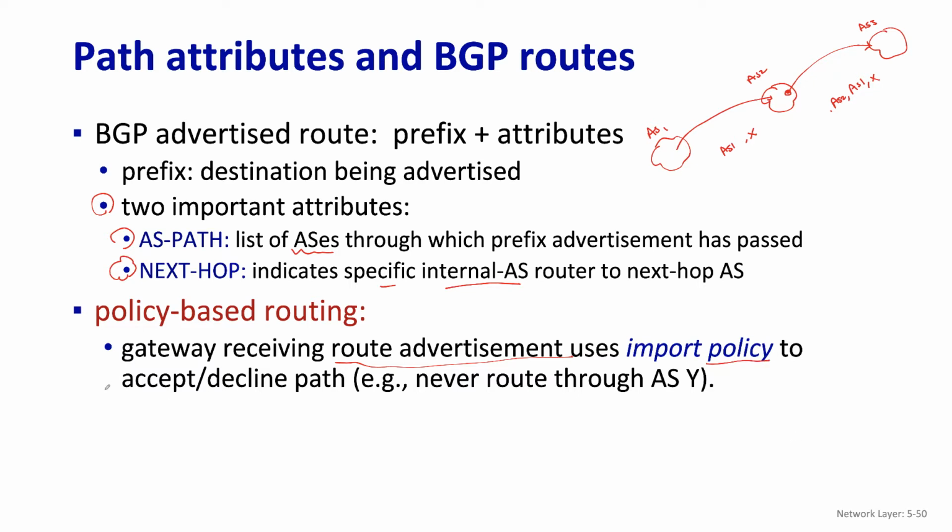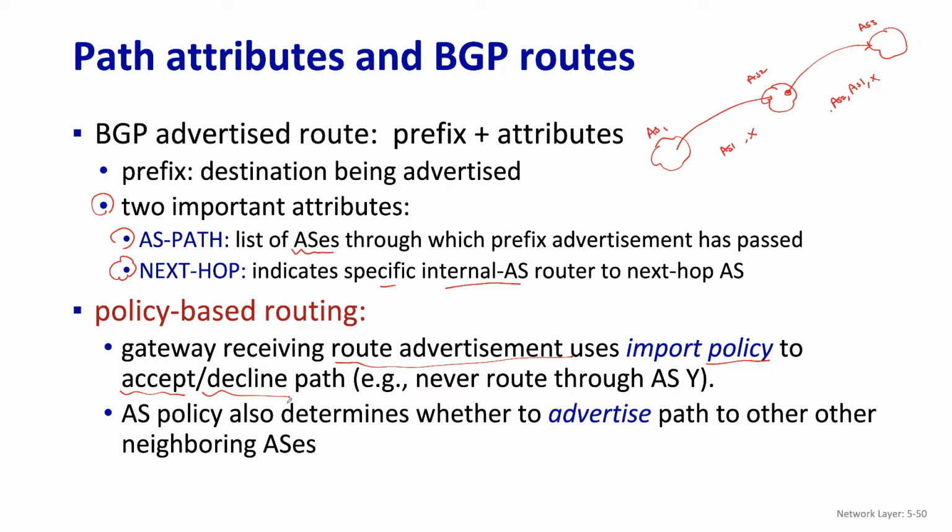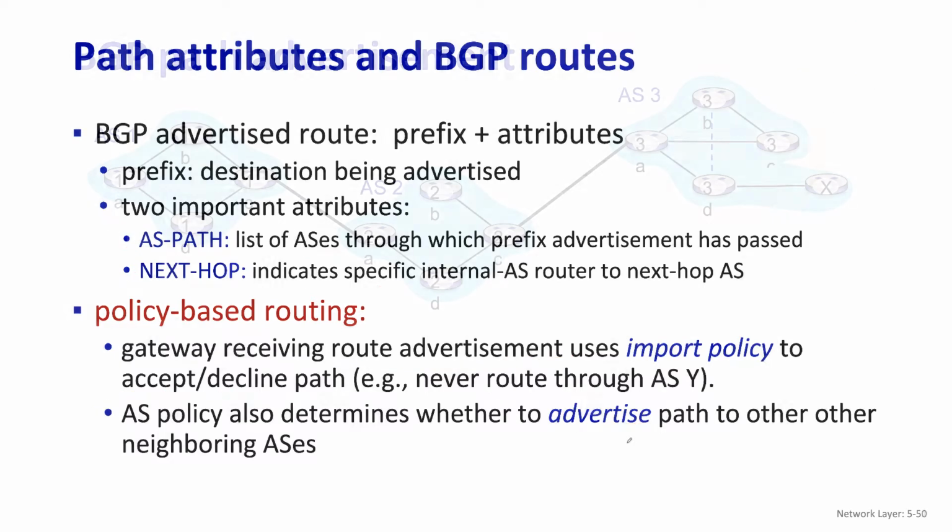Based on the policy, you either accept that specific advertised path, or you may decline it. The other thing that the policy defines, other than accepting or declining any path, is whether to advertise the path to others or not.